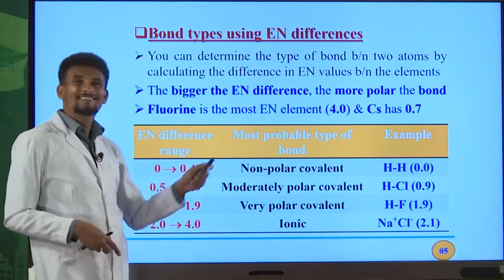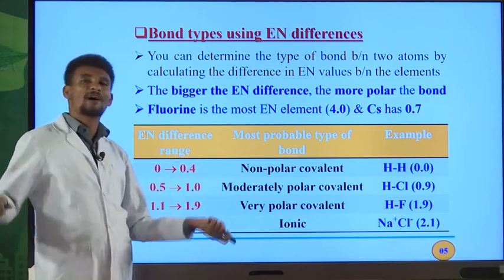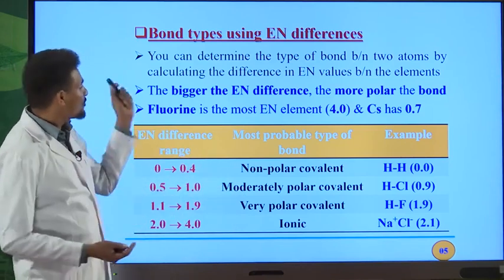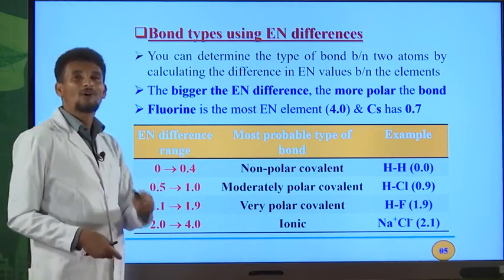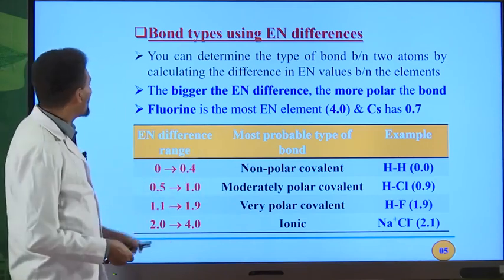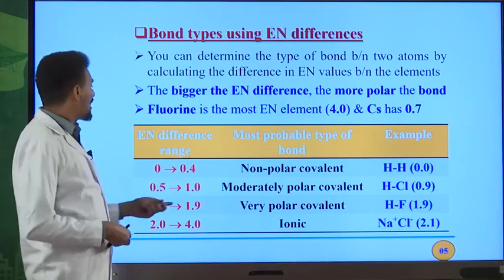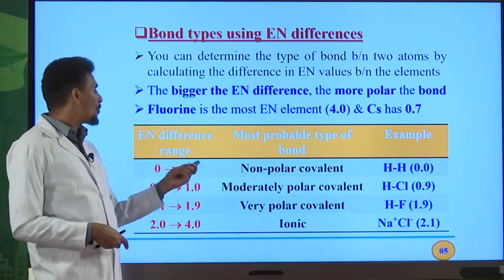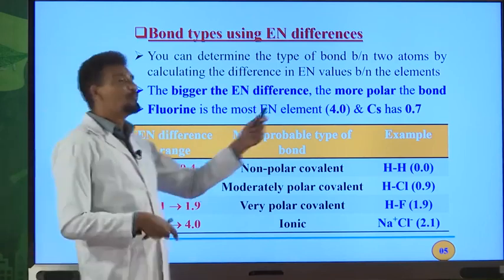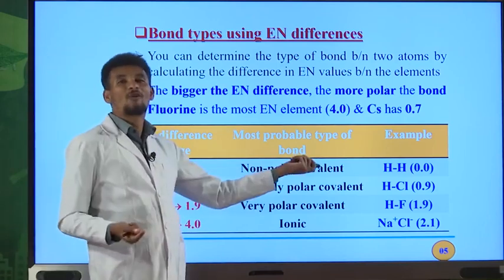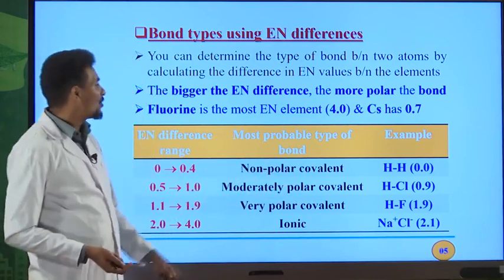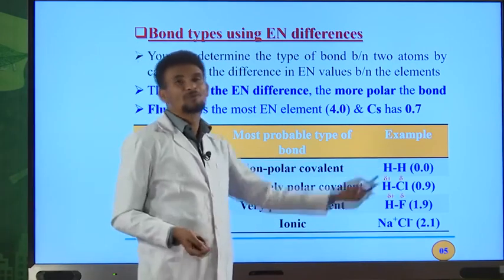This guides you to identify whether the bond is a polar covalent bond or a non-polar covalent bond. For example, if the electronegativity difference of the two atoms is in the range between 0 and 0.4, that bond is a non-polar covalent bond. Look at this example, the hydrogen molecule.